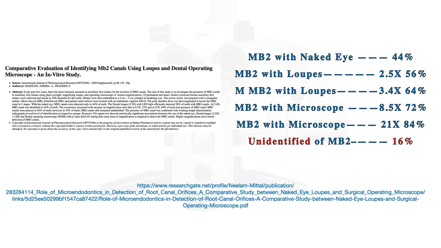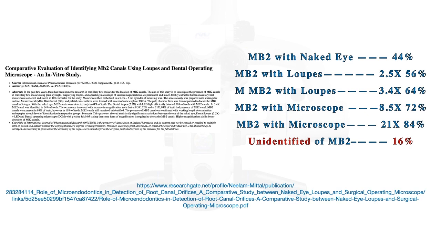So if I want to find MB2 with the loupe 2.5x, the percentage is 56. With the loupes 3.4x, it is 46. With the microscope at 8.5x magnification, it is 72. With 21x, it is 84%.